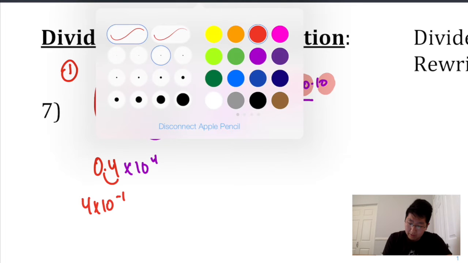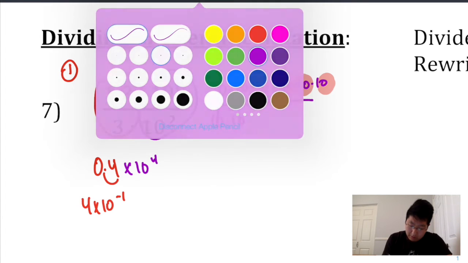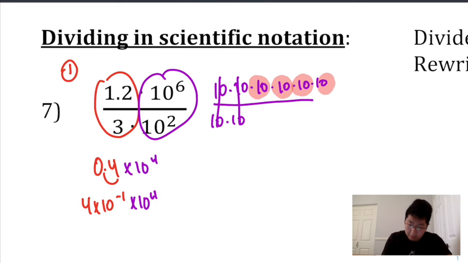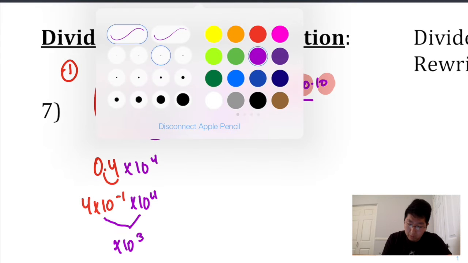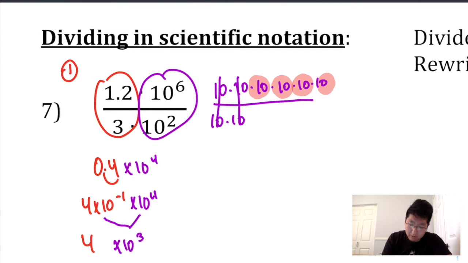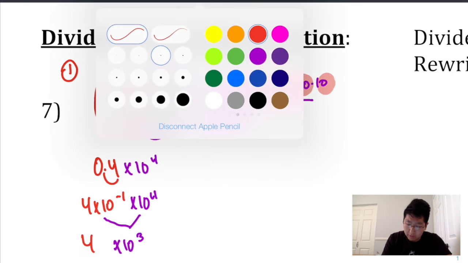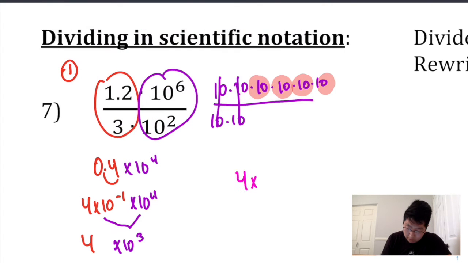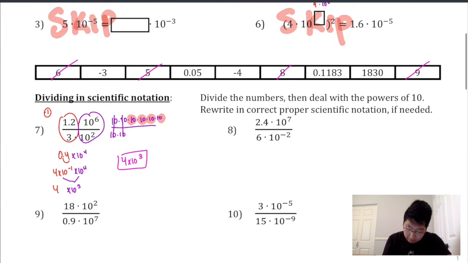Okay? So I'm going to write times 10 to the fourth. And if we combine those two, it's going to be times 10 to the third. 4 times 10 to the third. Hopefully our answer is down there. 4 times 10 to the third.